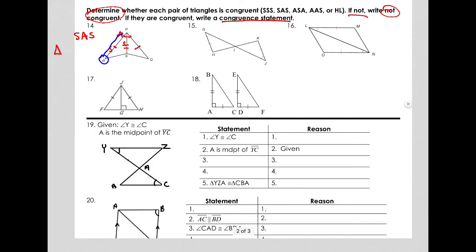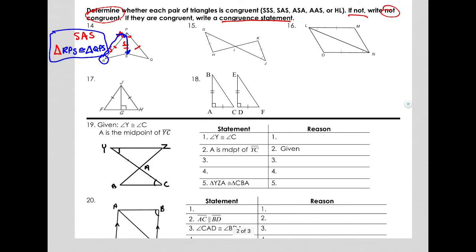So I'm going to say RPS. So triangle RPS is congruent to triangle. Now if I started at R, I must say Q first, and then P, and then S. I squish it in there, but so that's my two answers for number 14.